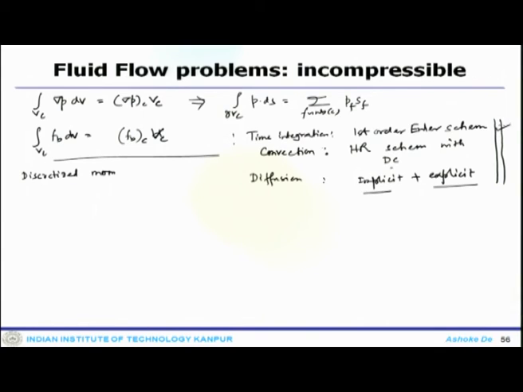This we all discussed separately, and now we will put things together for the momentum equation, which will look like a_C^V V_C plus summation over NB(C) of a_F^V V_F equals b_C^V.